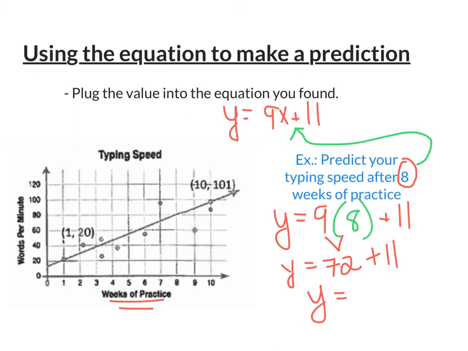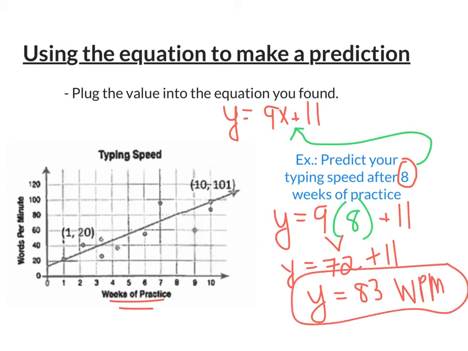And that's going to tell us that after 8 weeks, you will type about 83 words per minute based off of our prediction, which if we look at our trend line, 8 weeks corresponds with just above 80, so 83 is a good prediction to get.